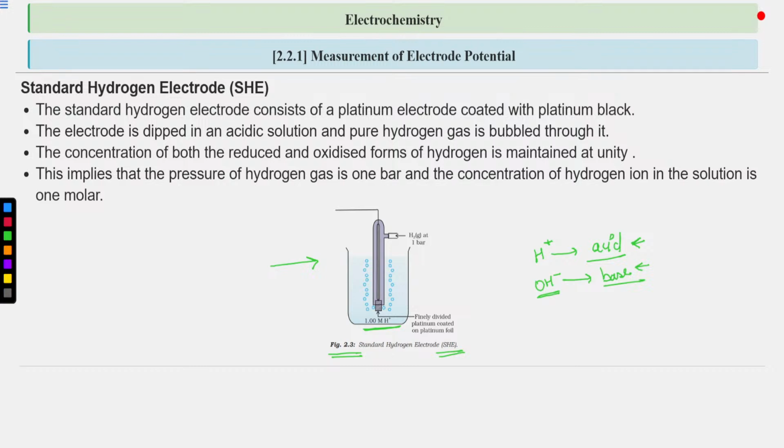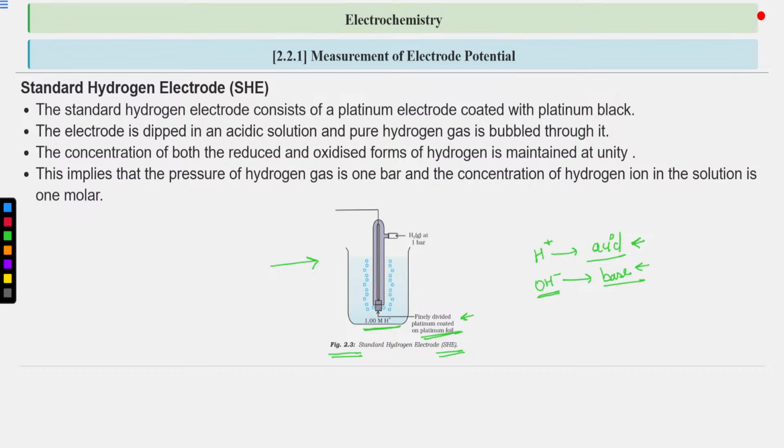Now we have finely divided platinum coated on the platinum foil. So we have this electrode of platinum metal, coated with platinum black. Here it is written that finely divided platinum is coated on the platinum foil. You can see we have a covering on this electrode, and also an opening here.